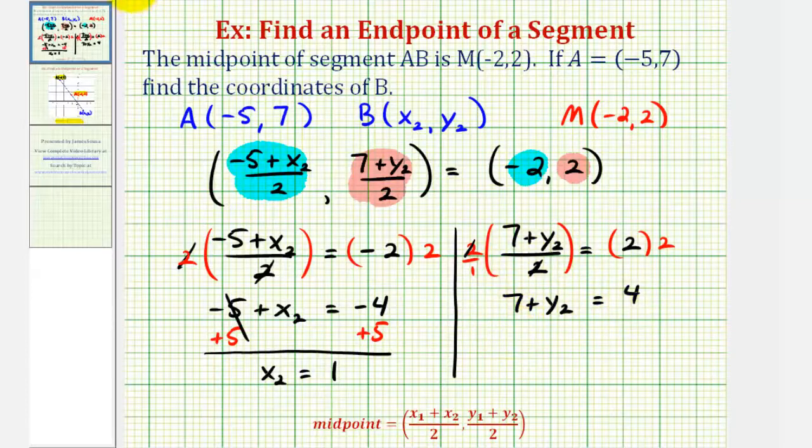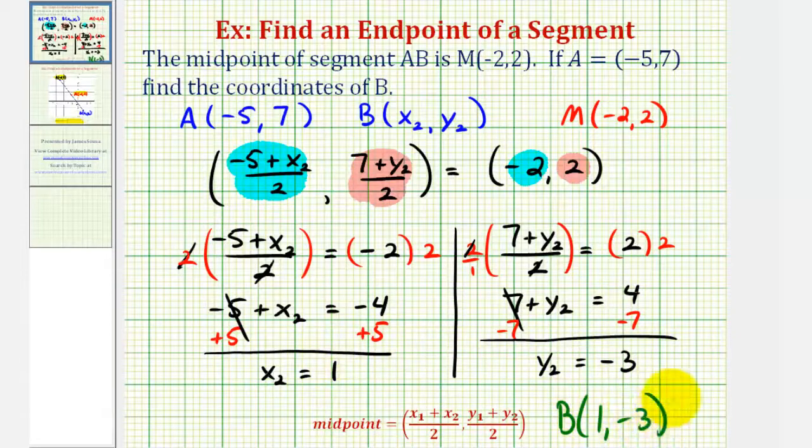Subtract 7 on both sides. So y sub 2, or the y-coordinate, is equal to 4 minus 7, which is -3. So the coordinates of point B would be (1, -3). This would be the other endpoint of segment AB that has midpoint (-2, 2).